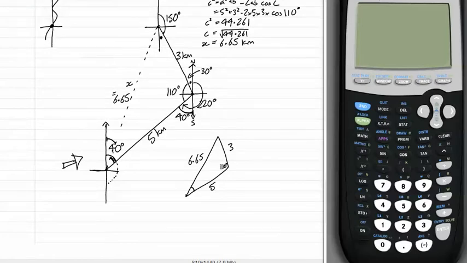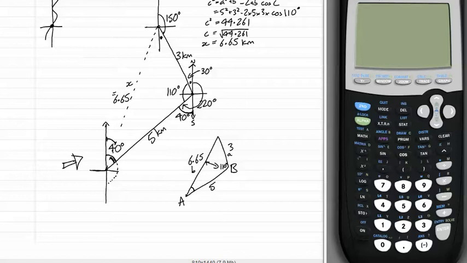I have 3 sides and an angle, so I can use the sine rule with this pair of side and angle, and I've got the side opposite the angle I want. So let's call that angle A, side A, and angle B and side B.